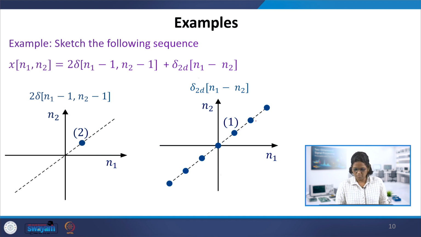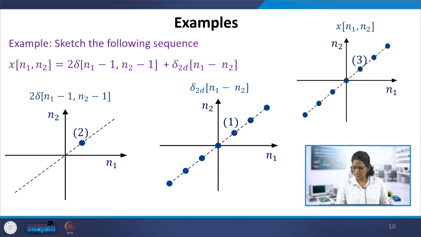Apart from the first one, it has all values 0 here. So if you add these two, you get 3 at this point. Then here you have the value 1 plus 0, 1 plus 0, 1 plus 0, and these are all ones, and only here you will get 3.